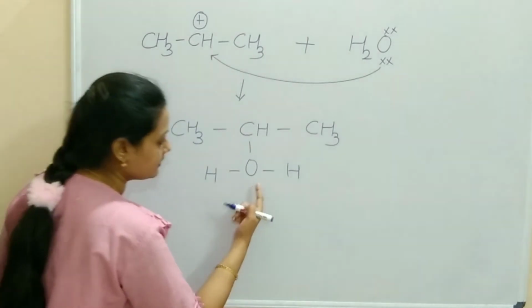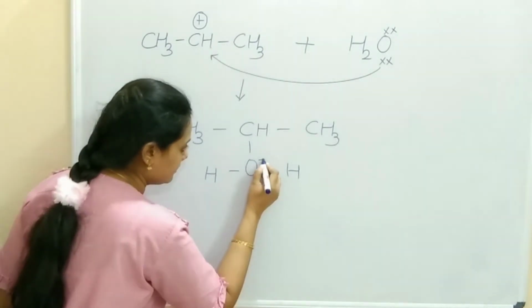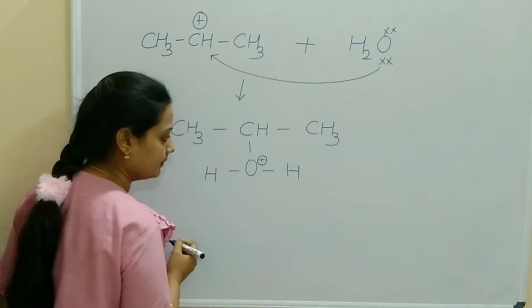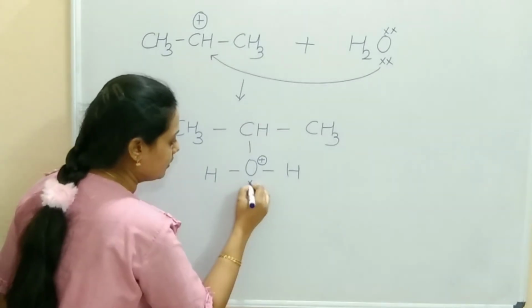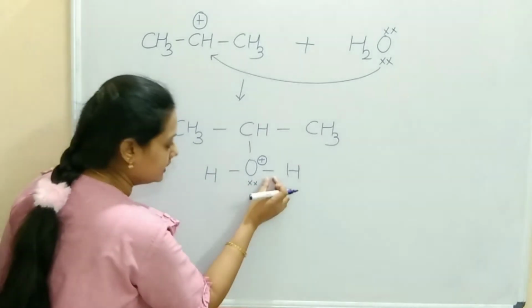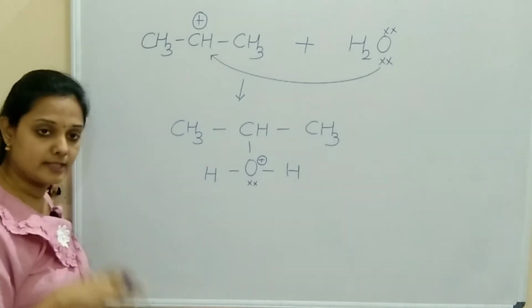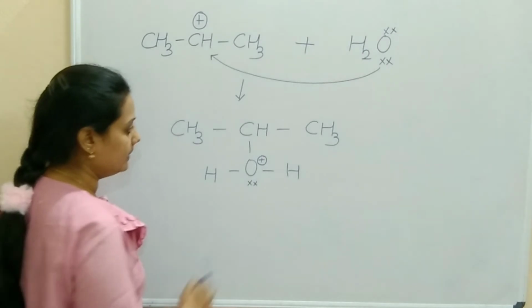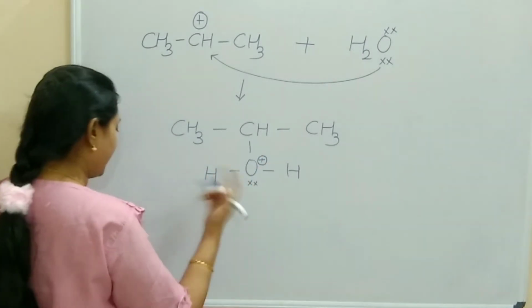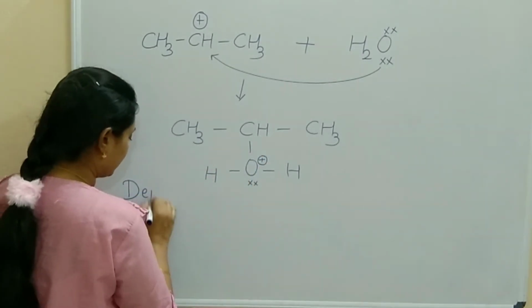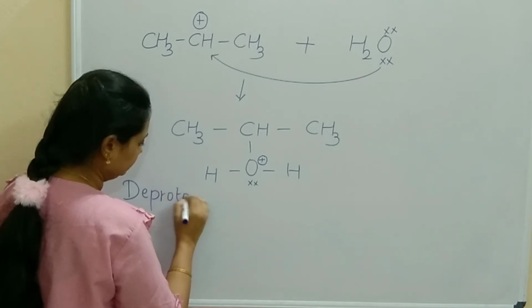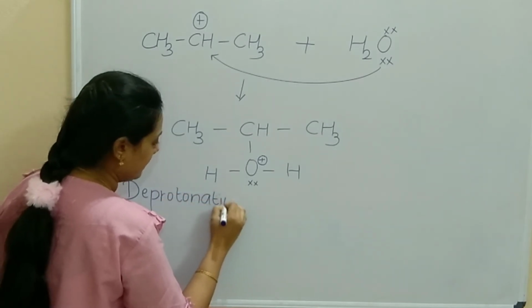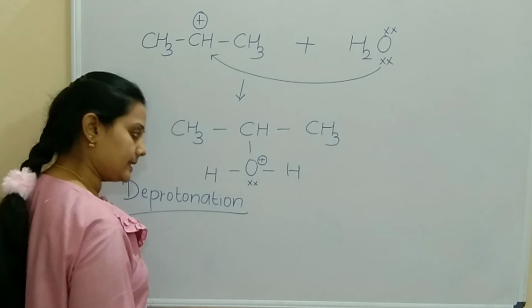Now this oxygen is making 3 bonds here, so it will get a positive sign, right, and it has 1 lone pair of electrons. Now to become stable, oxygen can make 2 bonds, so in the last step, that is deprotonation, you have to remove H3O plus.